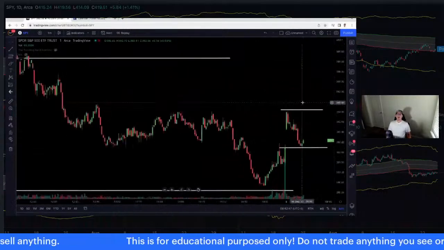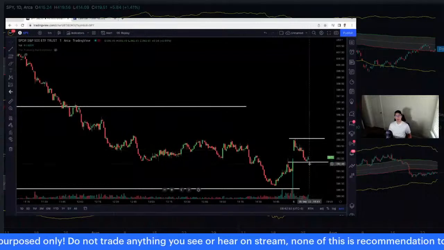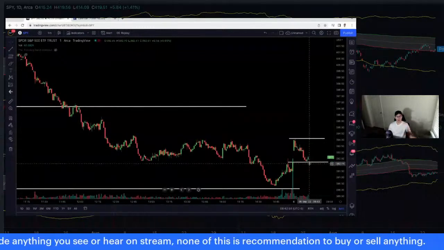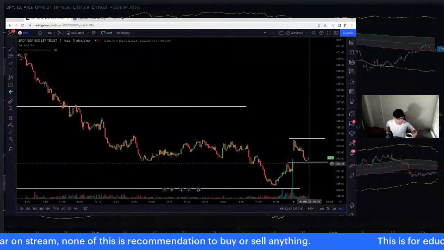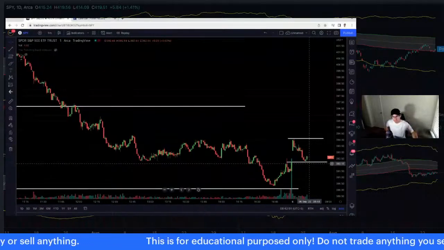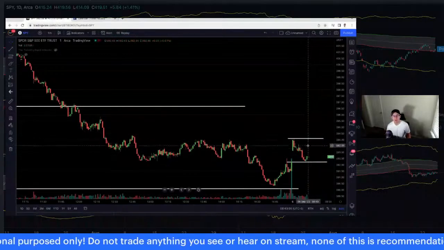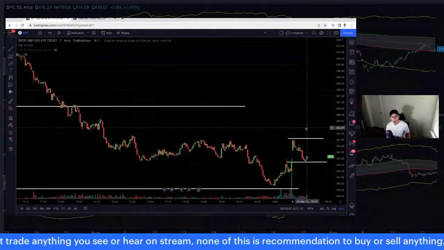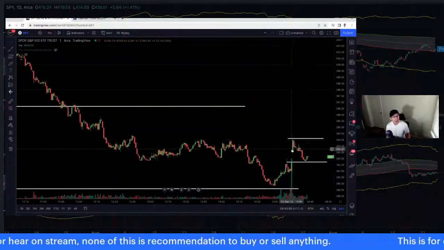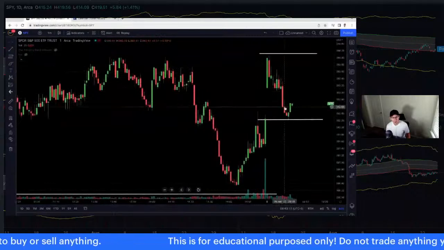The good sign that I see so far is the green candle right here. Why is this a good sign, at least at the moment? Hopefully, if the green continues, it's because we had a push up this morning, then we started trending down.